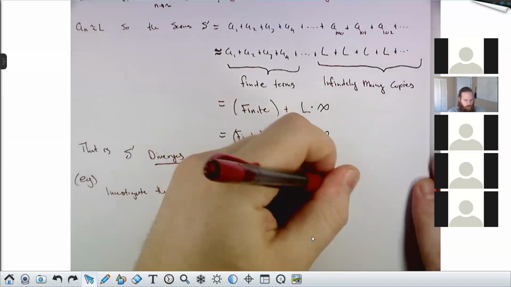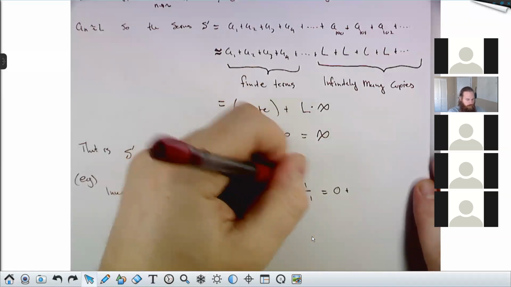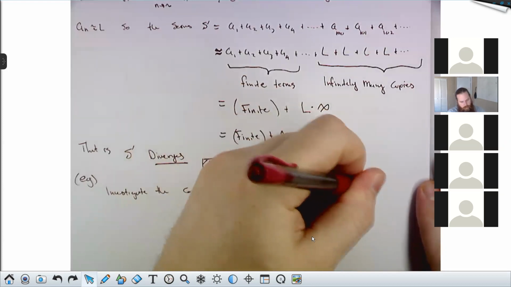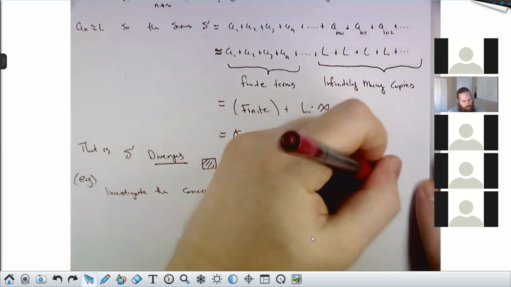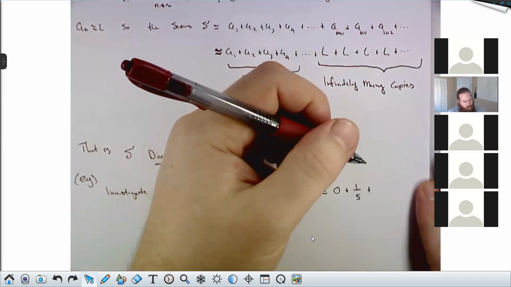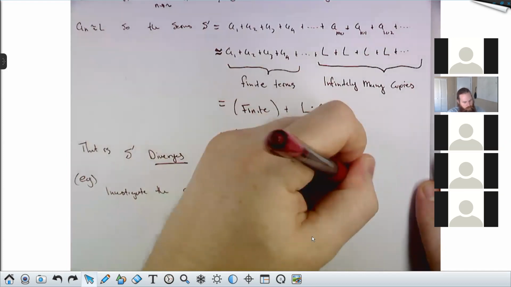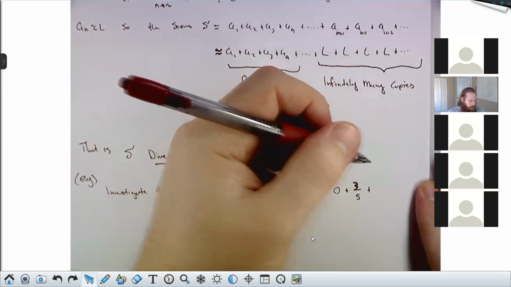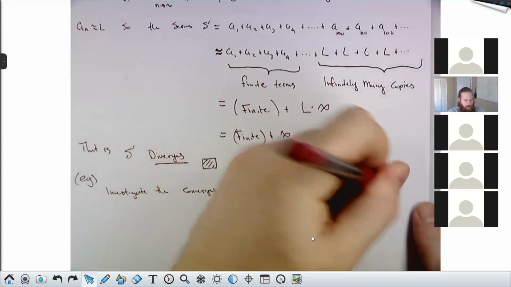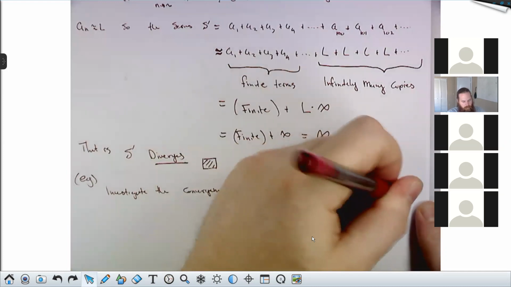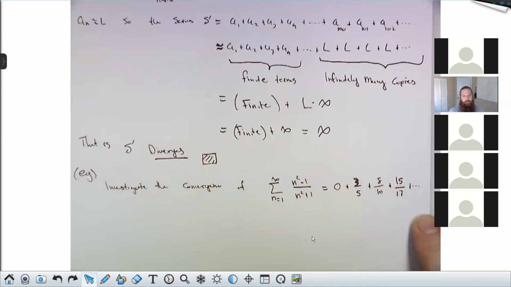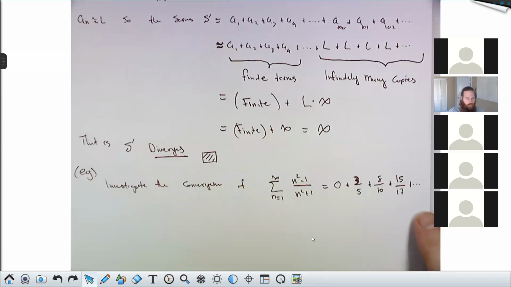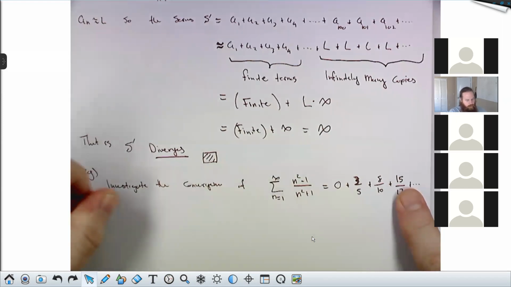Well, that's 0 plus 2 squared minus 1, which is 4 minus 1 is 3, over 2 squared plus 1 is 5, and then the next term would be 8 over 10, and then 15 over 17, and so on. So I want to know, does this series converge or diverge? And I can use the test for divergence here.